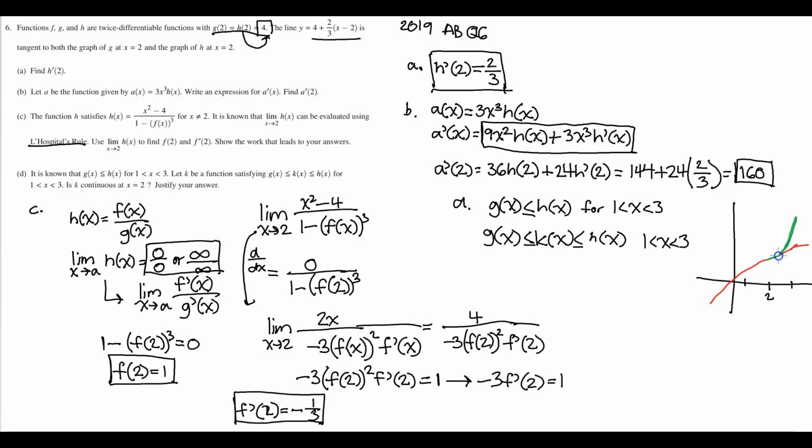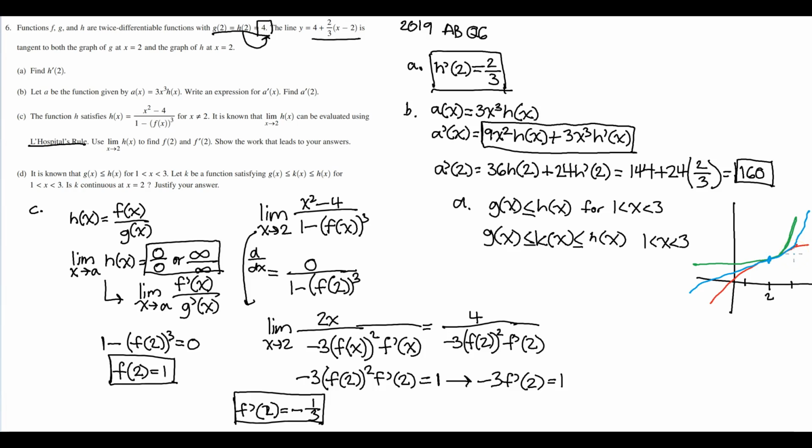This is H. And there's a reason why I'm drawing it this way, because we know they have the exact same slope and tangent to the exact same line at x equals 2. So they're literally touching each other. And if k is in between them, it's literally sandwiched in between them.